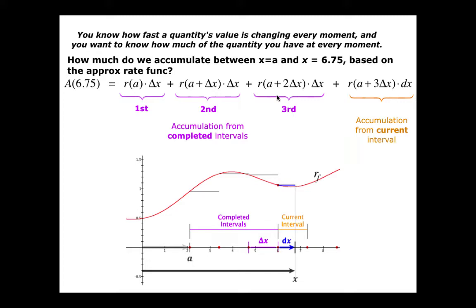It's only for this last one that we have this kind of stray part. And then when x varies within this current interval, this part's going to change, but those 3 labeled with purple, those aren't going anywhere. Those are staying exactly the same as long as x is somewhere between this red dot and that red dot, somewhere within this 4th interval. So I've got 3 full intervals and 1 with a little bit of leftover, 1 of a different length.